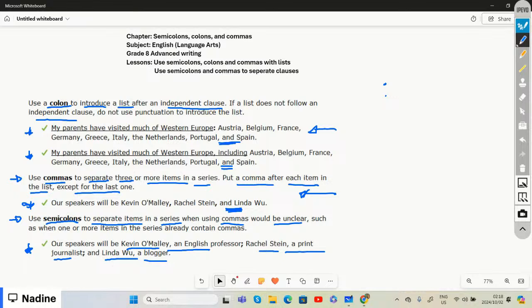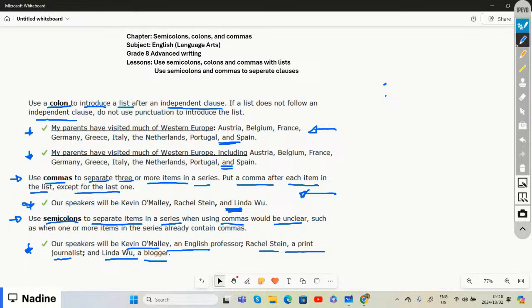Then we have commas, and we use commas to separate three or more items within a series, right? I did say that commas can also be used for other roles, but in this case they separate three or more items. We put a comma after every item in the list except the last one, where we say "and" before the last item.